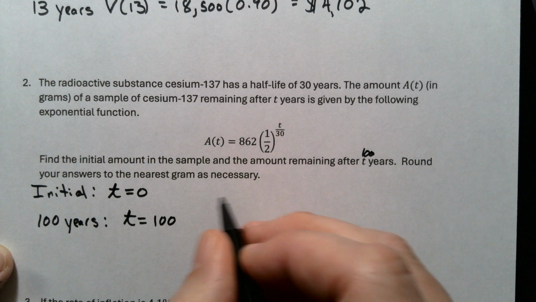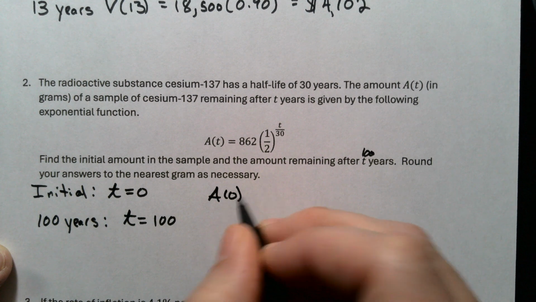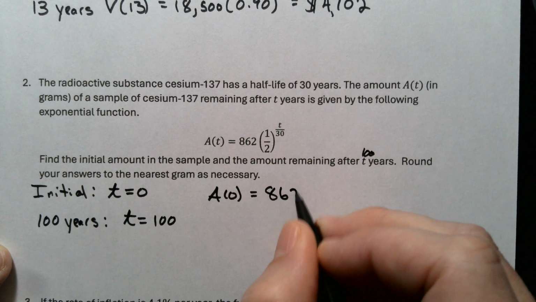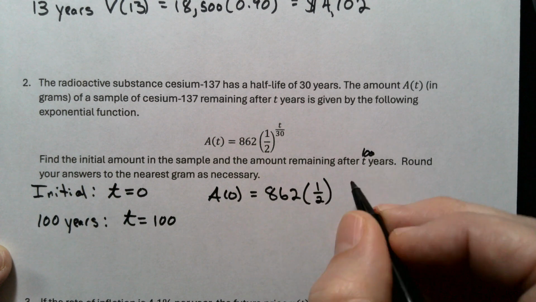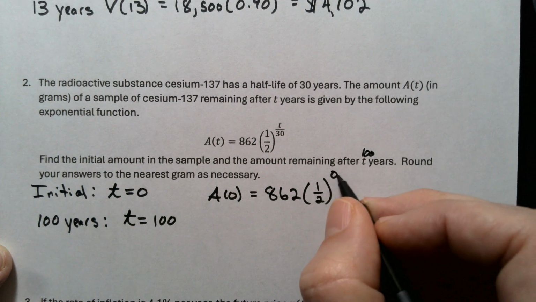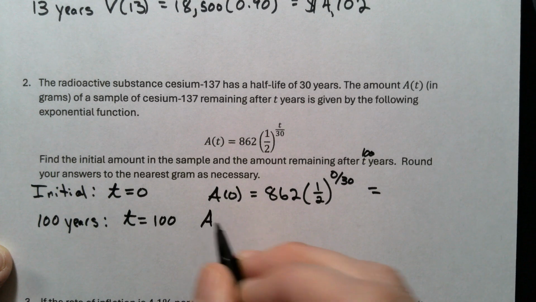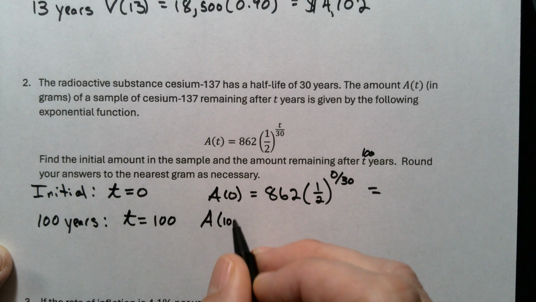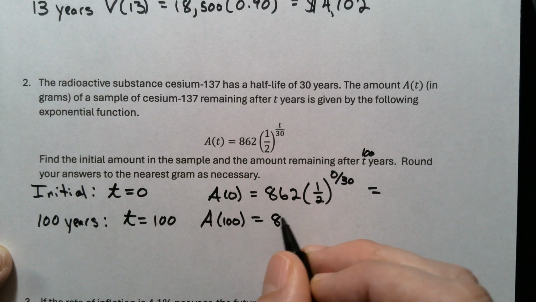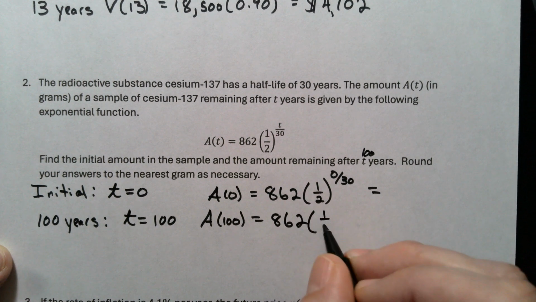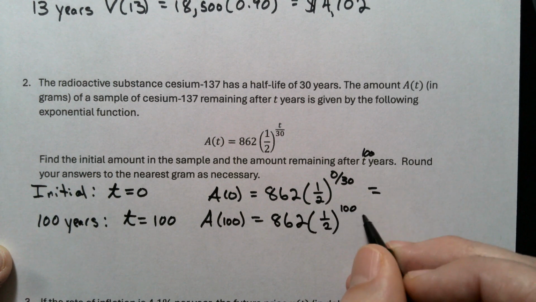Okay, so for this one, I'll do A of 0 equals 862 times 1/2 to the 0 over 30. Okay, and then for the other one, A of 100 equals 862 times 1/2 to the 100 over 30.